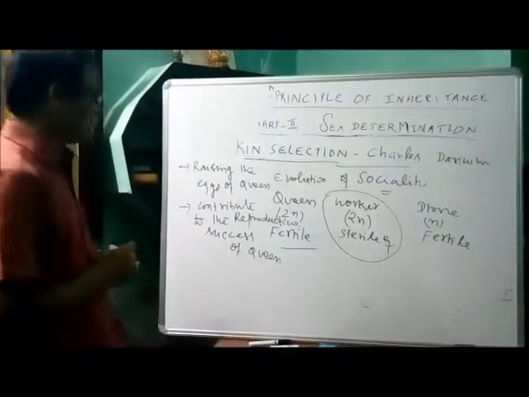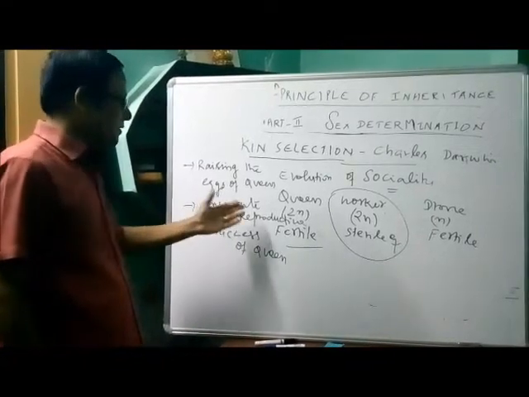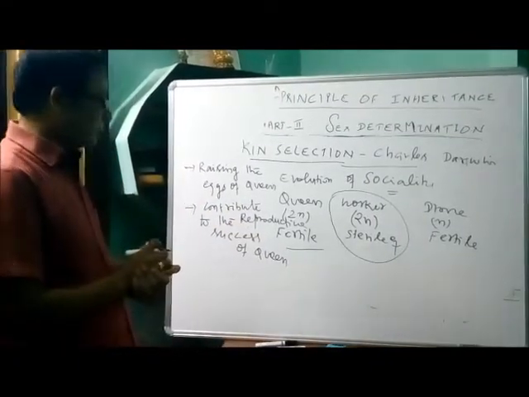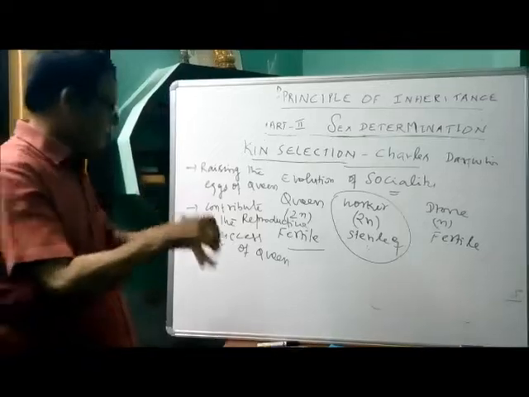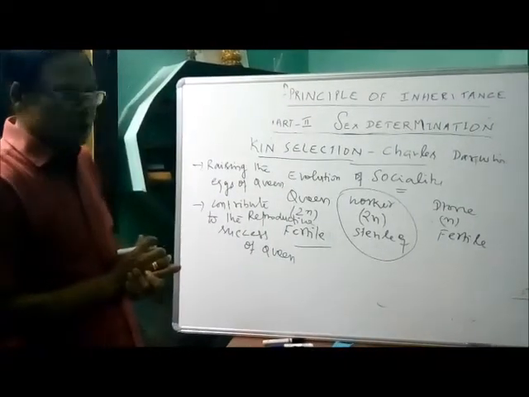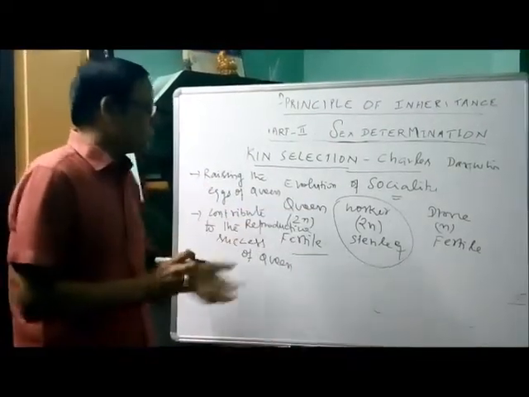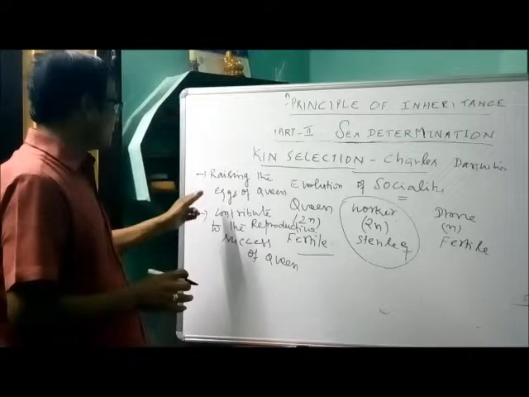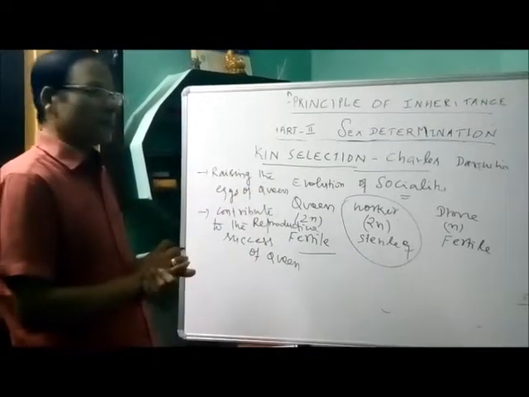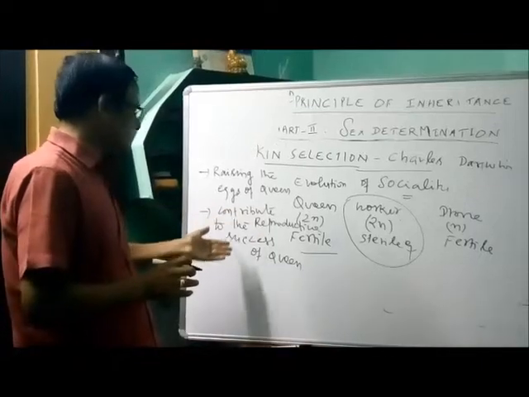I mentioned already what is kin selection. An individual favors the reproductive success of another organism that is nothing but its own relatives, even at the expense of its survival and reproduction. Here, the worker bee is responsible for raising the eggs of queen and so contributes to the reproductive success of the queen.